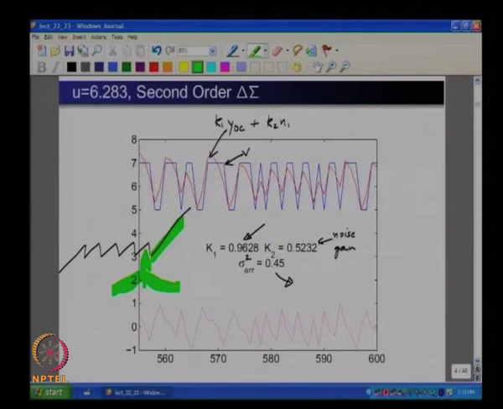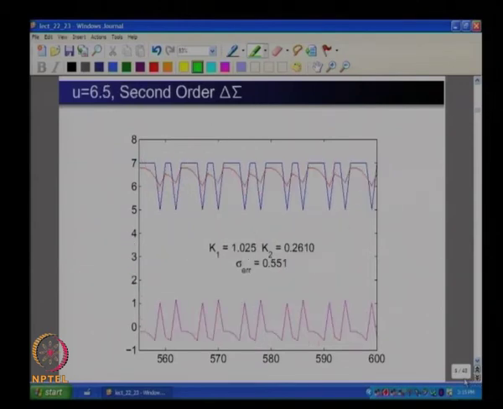Alright. Now, let me up the ante a little bit and increase the DC input from 6.3 to about 6.5, and this must only make things even worse for the noise, correct. Again, as you can see, this is V, this is K1 into Y dc plus K2 into N1, and this is the error.